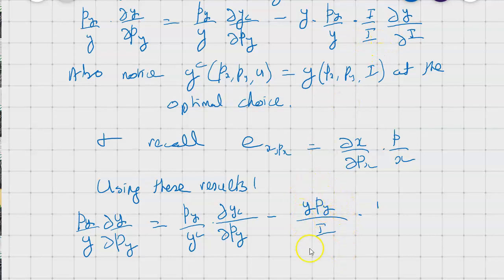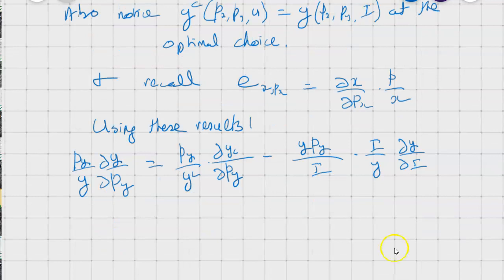And this thing now becomes the share of spending on good y from consumer's income. So this is essentially the share of spending on y. And then what we are left with is I over y times del y over del I. So let's pause for a second and see how we can now get elasticities here.